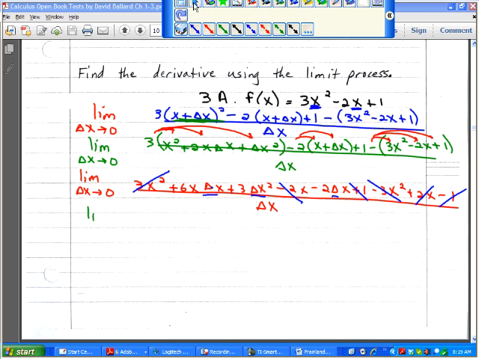So then we have the limit as delta x approaches 0 of 6x delta x plus 3 delta x squared minus 2 delta x all over delta x.